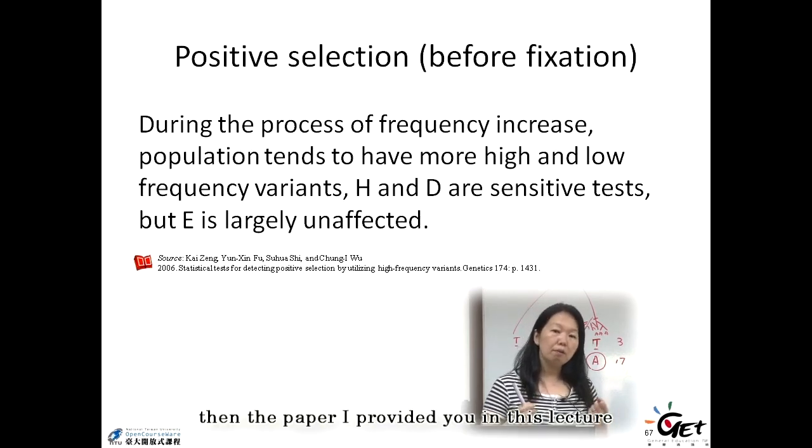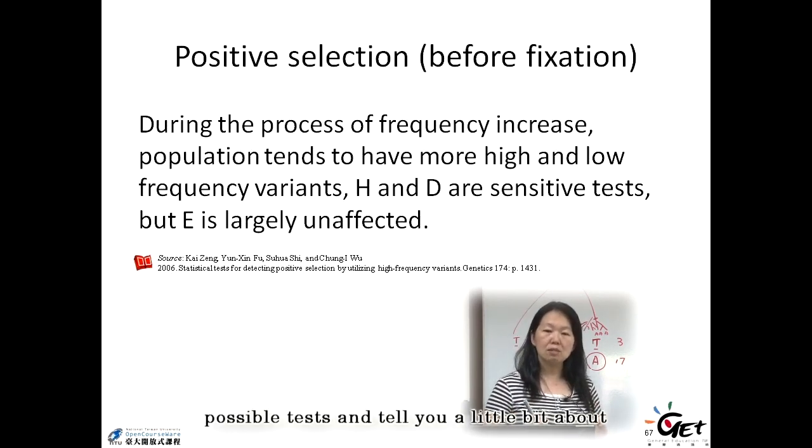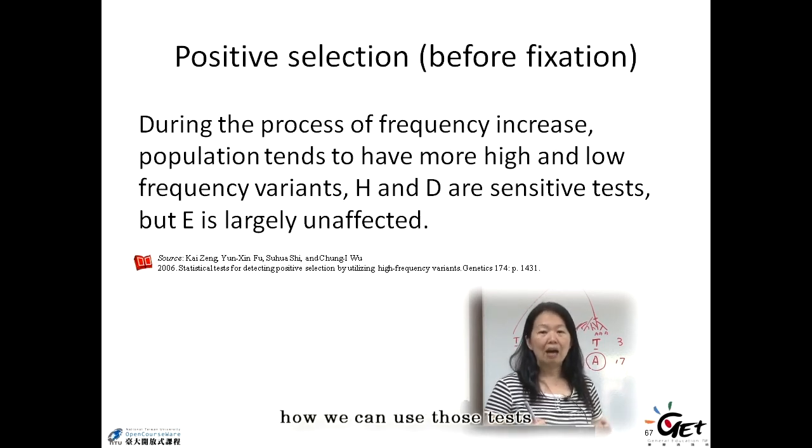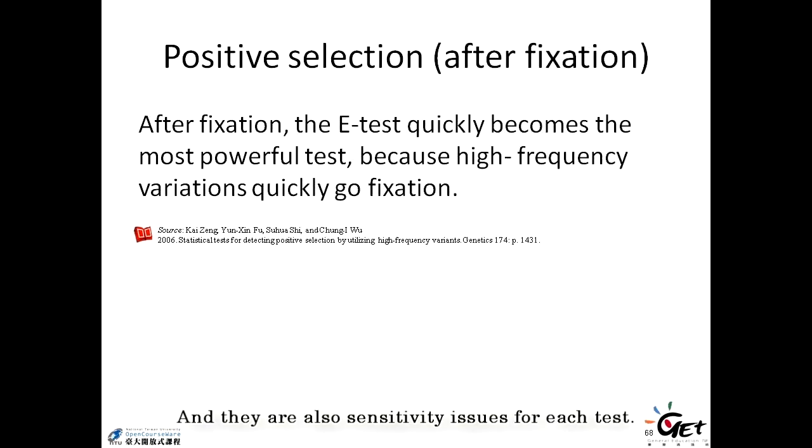The paper I provided in this lecture is the one that really discusses, or at least lists, all the possible tests and tells you a little bit about how we can use those tests to detect selection signatures. There are also sensitivity issues for each test.